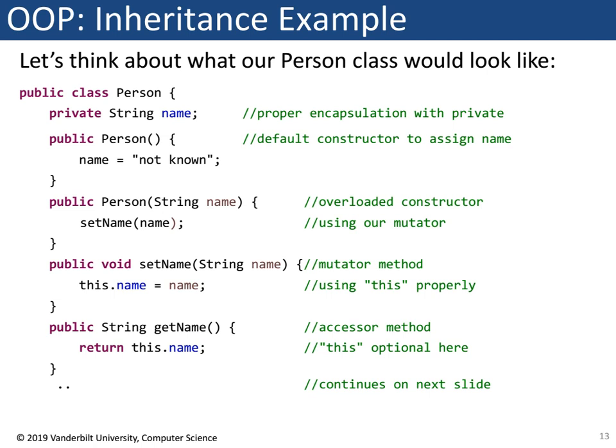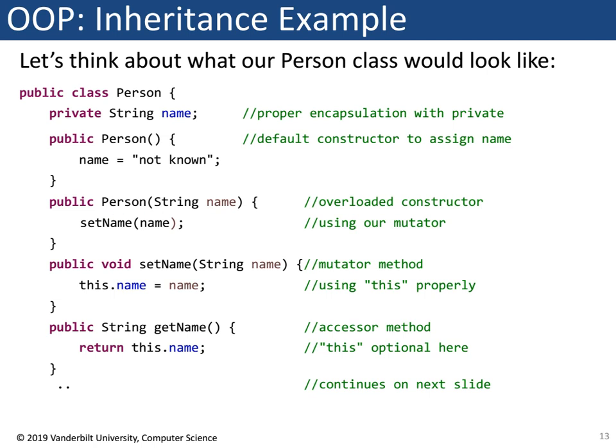Then we have a default constructor, which is going to initialize name to not known, and then we have a constructor which uses the setName method, the mutator method, to set the instance variable name to whatever is passed as a parameter to the person constructor.